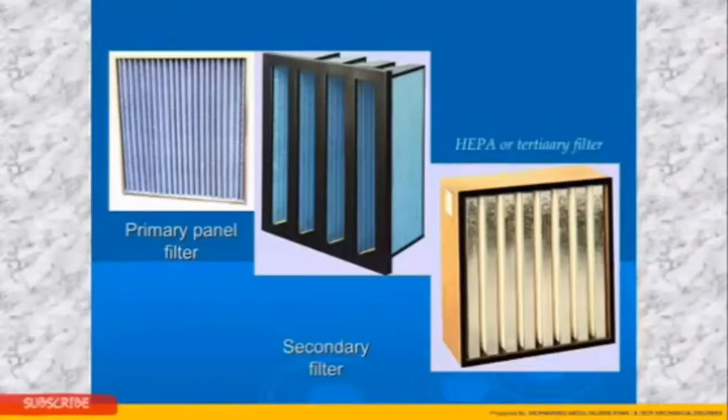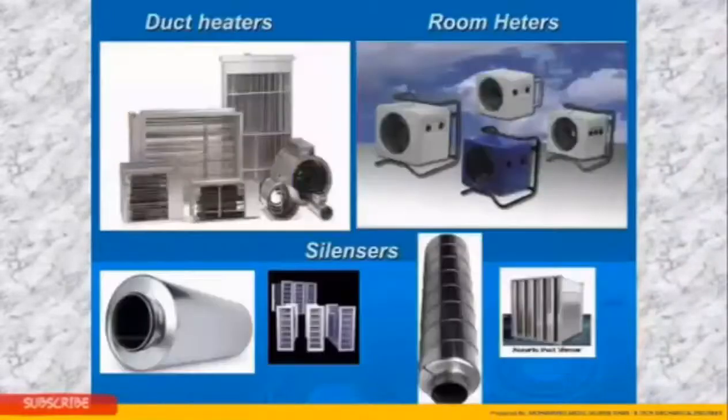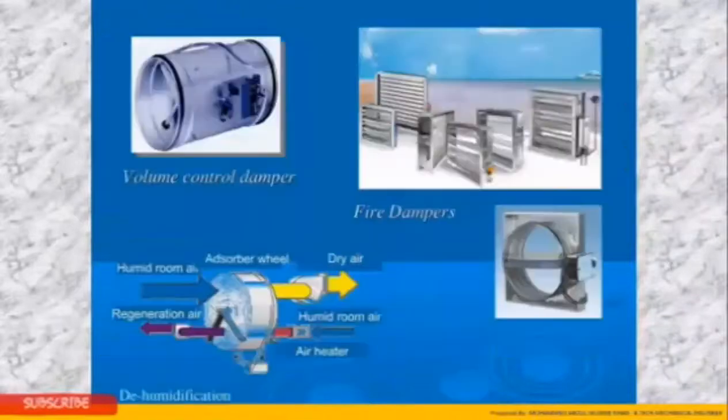Primary filter, secondary filter, and HEPA filter. These are a few examples. Duct heater, room duct heater, and the silencer. Volume control damper, fire damper, and the dehumidification.